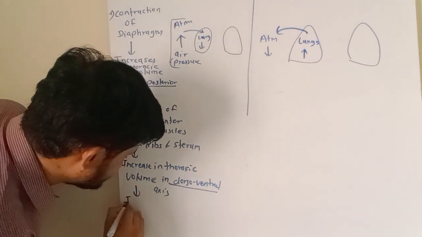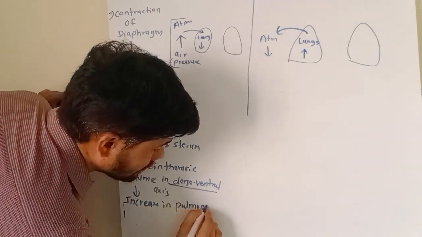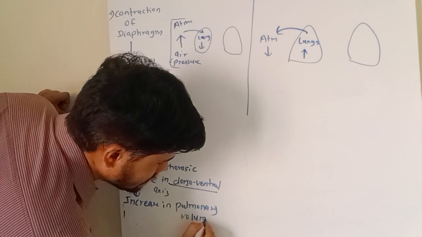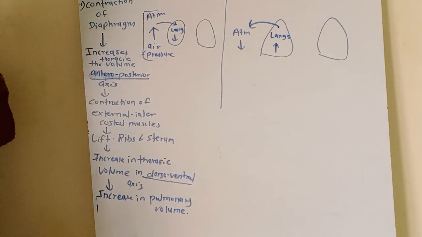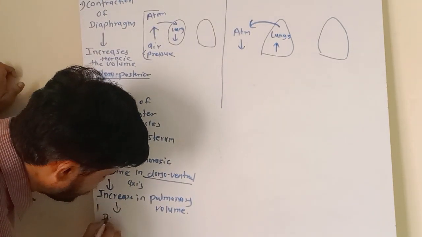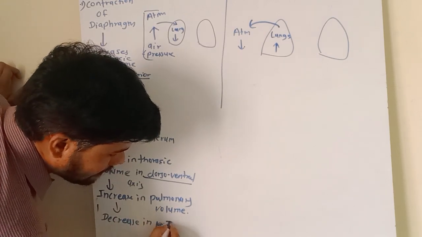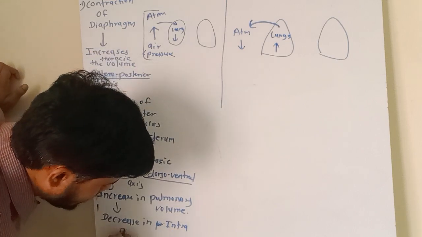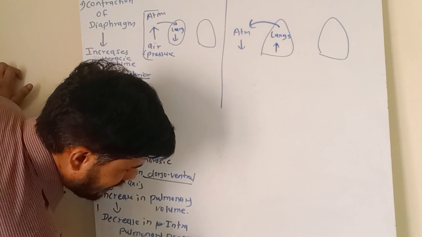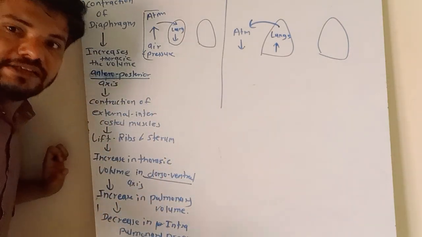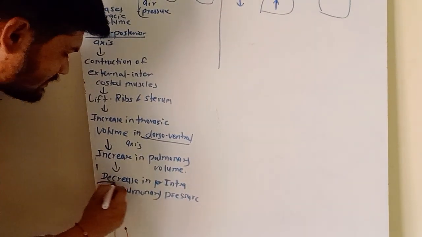Then what happens is there will be an increase in pulmonary volume, which is the volume of your lungs. Because of the increase in the pulmonary volume, it will lead to a decrease in intrapulmonary pressure. Everything is increasing, but pressure is decreasing.